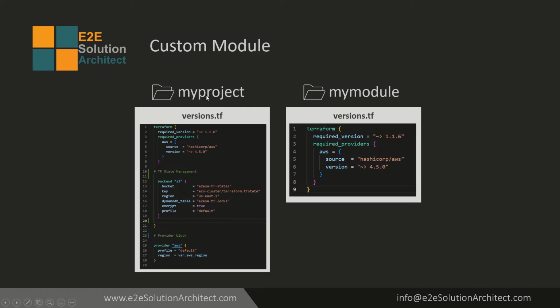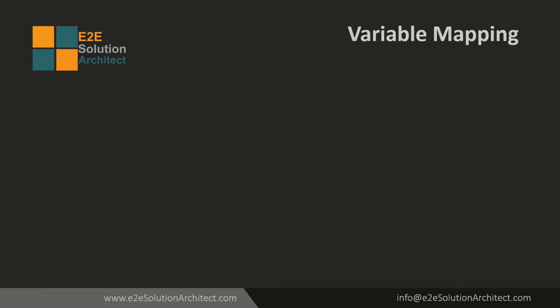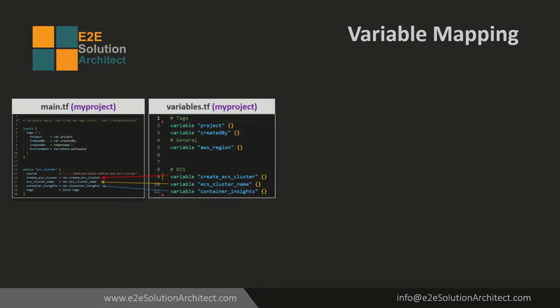But in case of a Terraform module, you need only the required providers. You don't need the backend configuration or provider block. So that's the difference between project and module versions. The next one is very important, and we get confused in variable mapping.